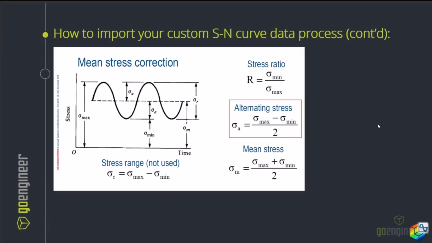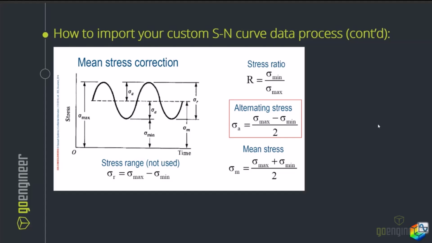Now, in order to use the CSV chart data info from the Plot Digitizer application, you will need to convert the y-axis data, which was maximum stress in PSI, into alternating stress instead of max stress. So here you see the math of how this can be done.